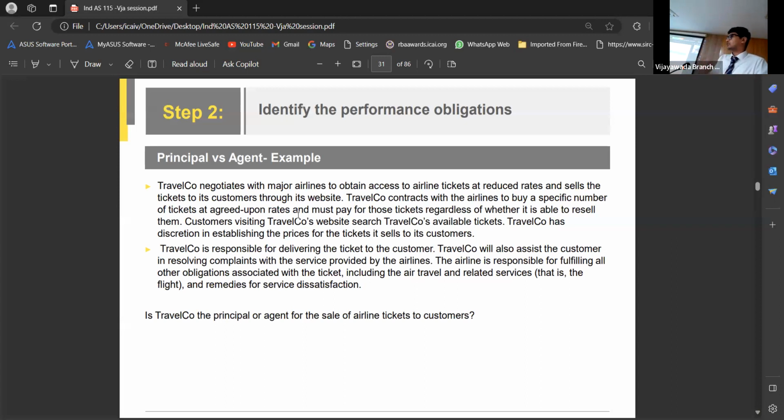Would you say that the travel agent is a principal or agent? Agent? Any other thoughts, madam? So, yeah, it's agent because what he's doing, he's just putting availability on the website.